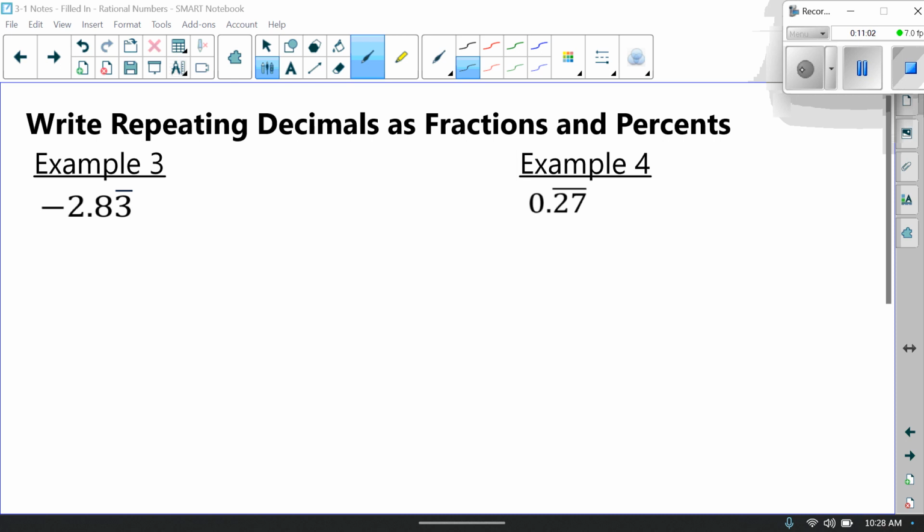So, the first thing we want to do is we want to say to ourselves, what part repeats here? So we want to ask ourselves, how many digits repeat? Well, how many digits up here repeat? One. One repeats, right?